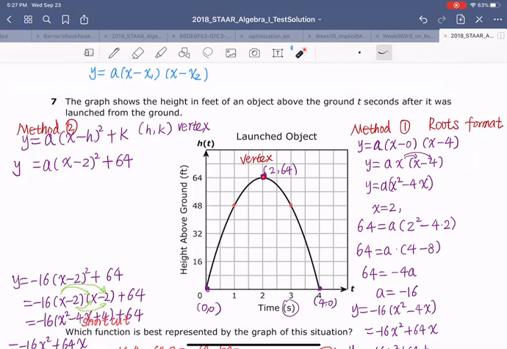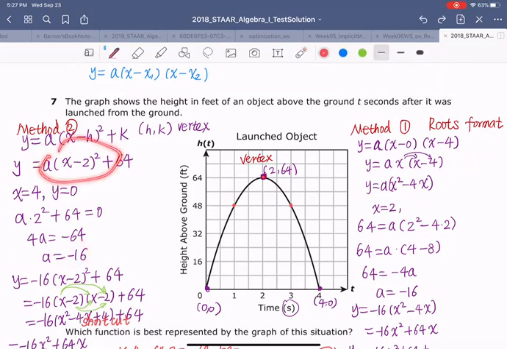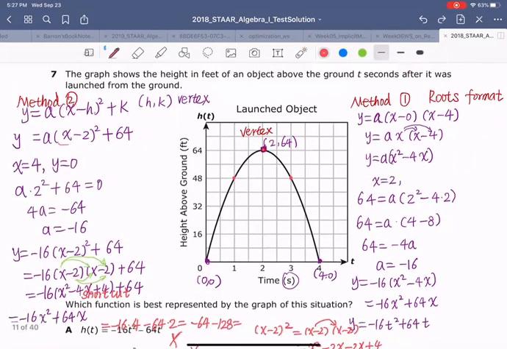Did you get the A value? Yes, same thing as negative 16, right? Yes. Good. Does this method work now for you? Yes.